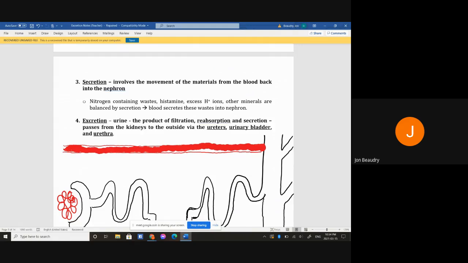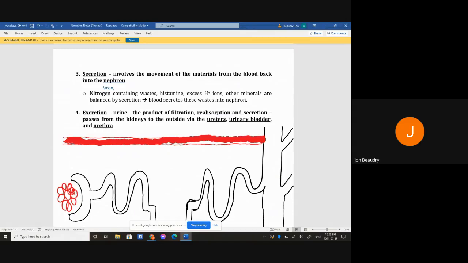So that's going to be things like urea. We have excess hydrogen ions, other minerals like potassium. These concentrations are relatively balanced by what I call secretion.